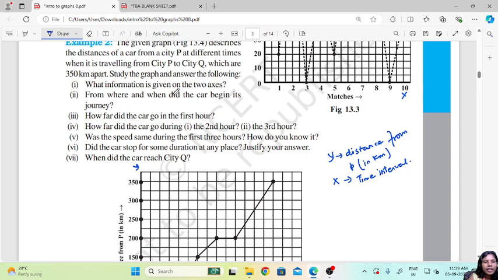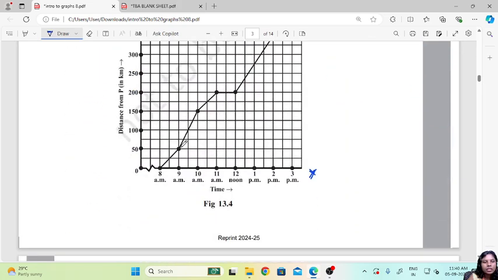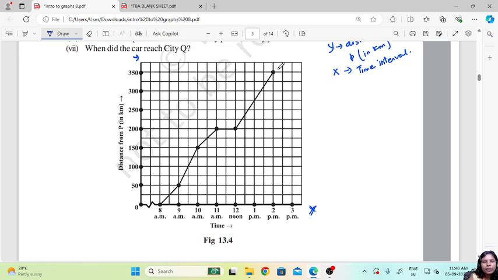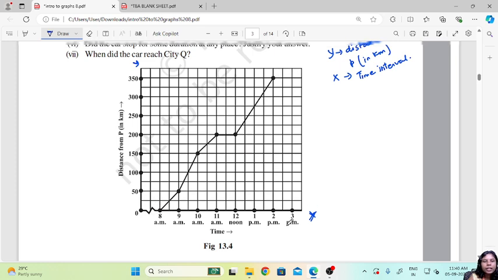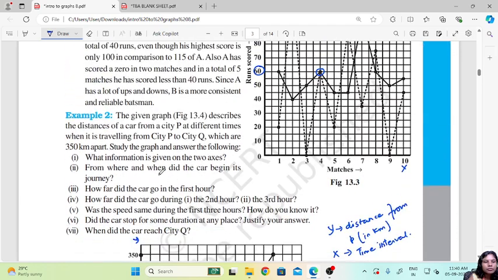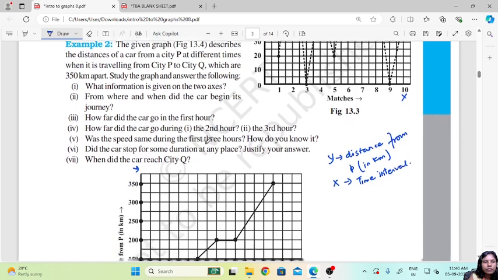Next, from where and when did the car begin its journey? It started from point P and it went up to point Q, and it started at 8 and stopped at 2 p.m. Correct? From city P to Q, which are 350 kilometers apart.